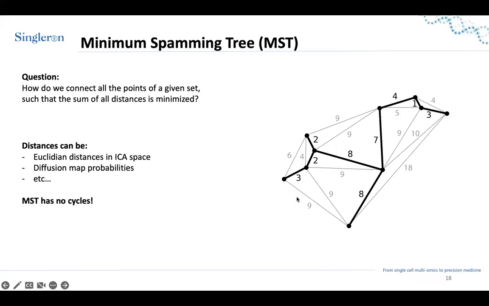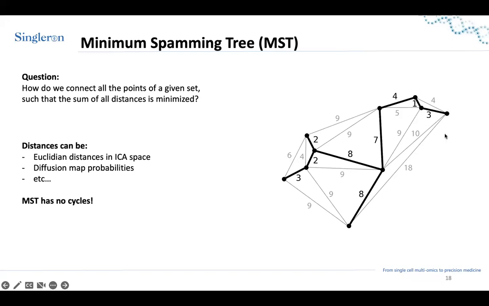If you use ICA, then each of these numbers would indicate the distance between each pair of points. Or if you use diffusion map, then these numbers would indicate the probability of transitioning from one cell to the other. In ICA, the distance would be the Euclidean distance, but I think you can also use cosine distance, but then this would be used by another method.